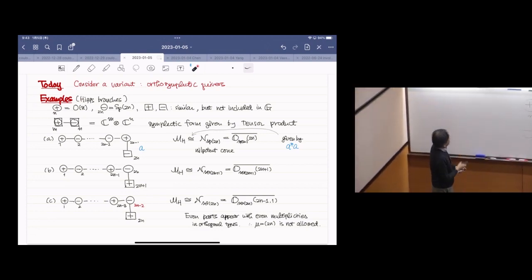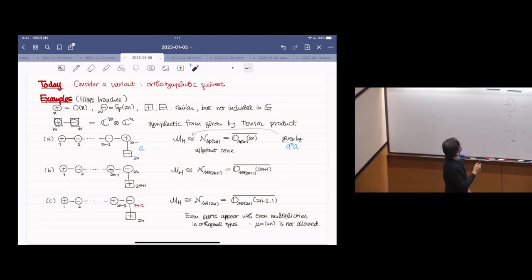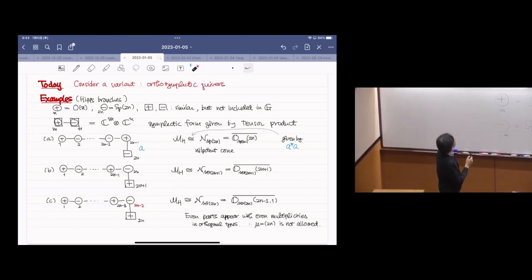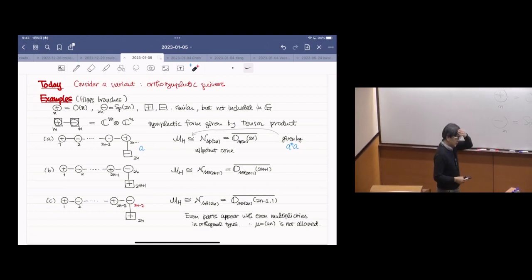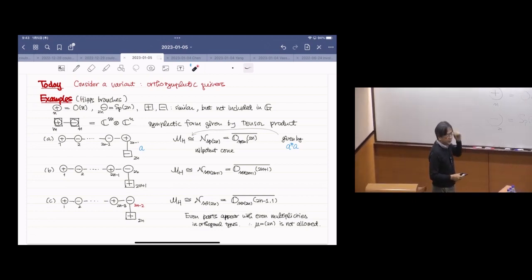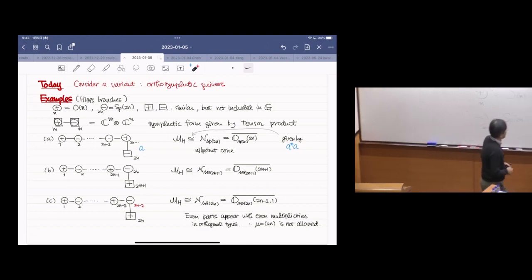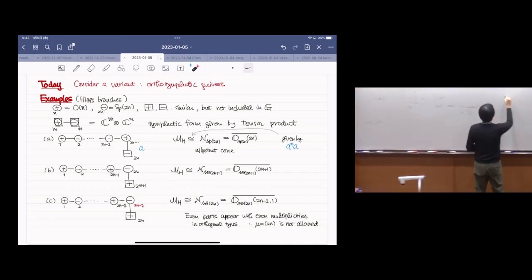And this is bipartite, so that if two vertices are joined by an edge, then one of the vertices is plus and the other vertex is minus. The edge is always connected in this way.